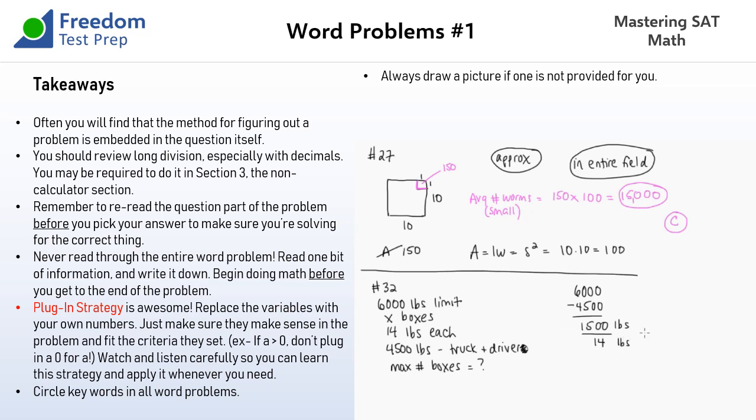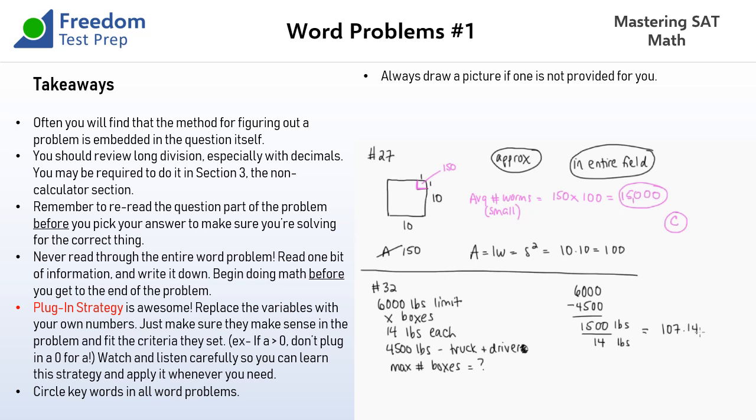Yeah, okay. And we will get, let's see, do that quickly on your calculator. We're going to get 107, I think. Let me just do that, make sure. Let's see if that's exact. No, it's 107.14. All right.